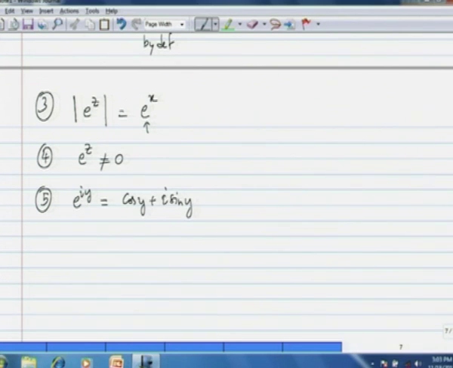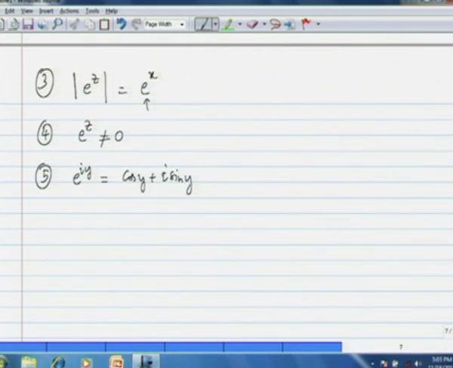That is because you can just take x to be 0, and you get that. And the sixth property: if you have e power z equals alpha, a complex number, then this equation has infinitely many solutions.